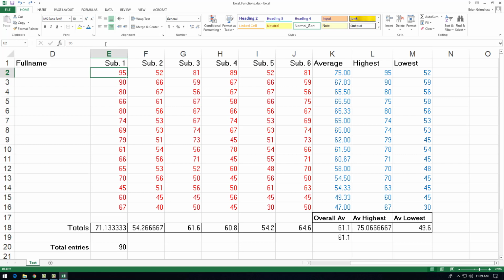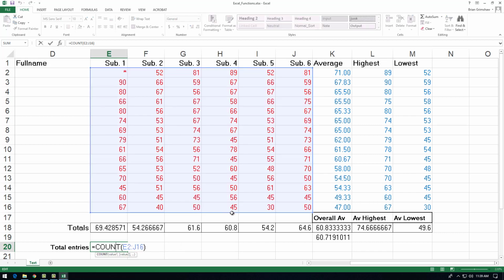Also notice, FYI, if there's an asterisk in there, my total entries does not say 90 anymore. It says 89. So what does that count function actually look for? What is it actually counting? It's not counting the number of cells.